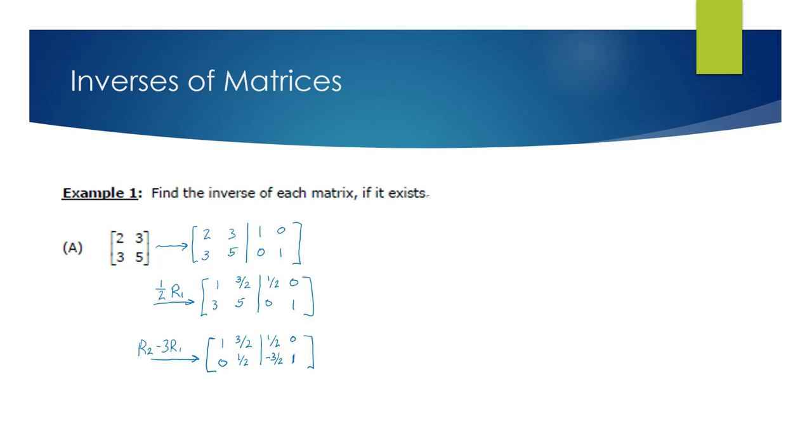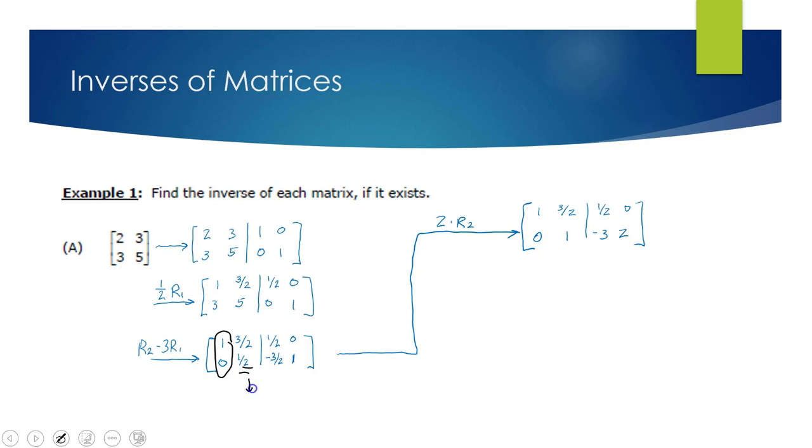So far, so good. I now have this column established. Anything I do beyond this, that column should remain unaltered. So I'm going to do 2 times row 2 because I want this to become a 1, which it does.